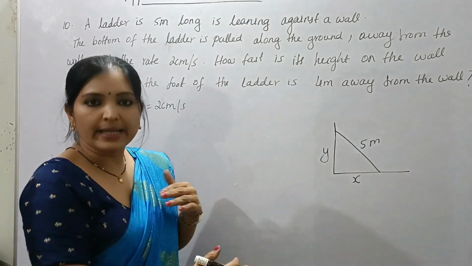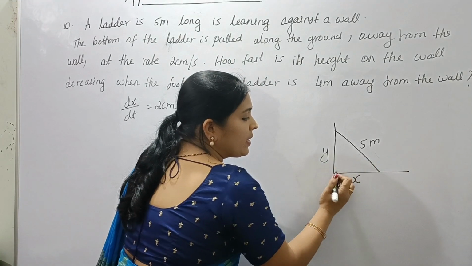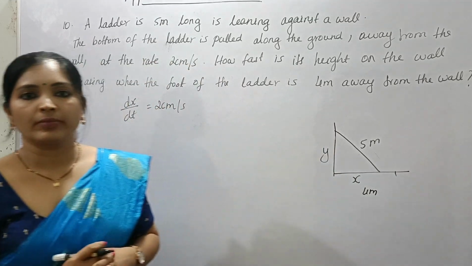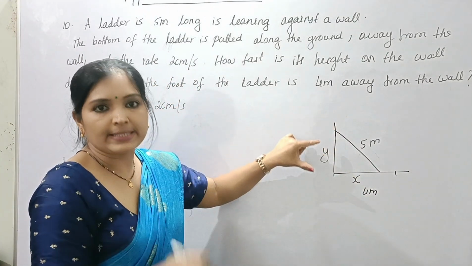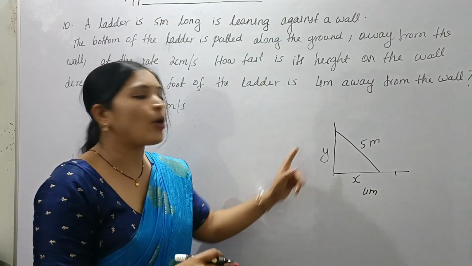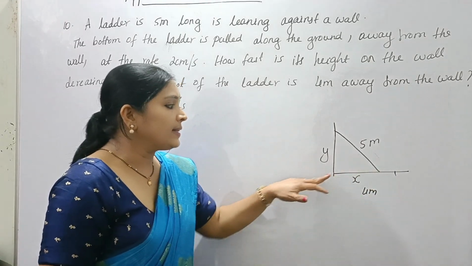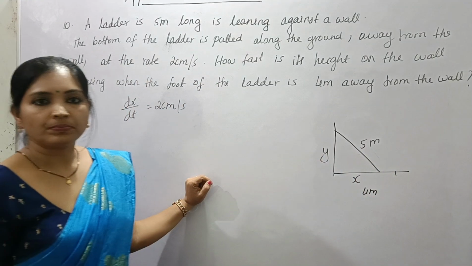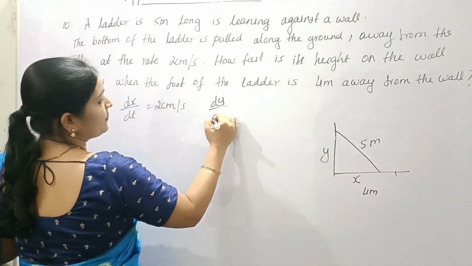So how much it is decreasing when the distance from the wall to the ladder is 4 meter? That is how much this y is decreasing, that is rate of change of y with respect to time. That we have to find when the distance between wall and the ladder is 4 meter. So we have to find dy by dt.